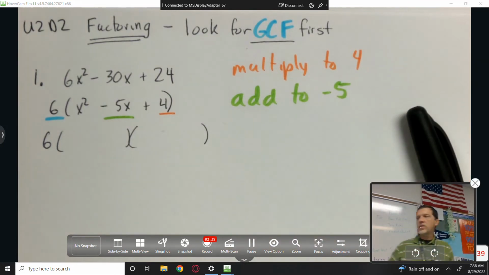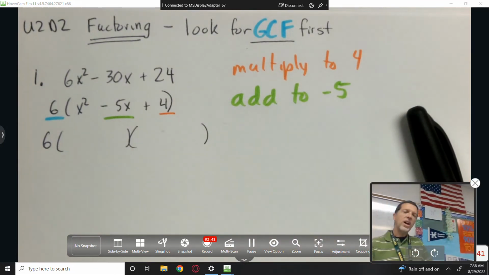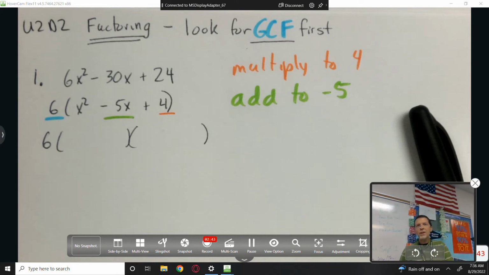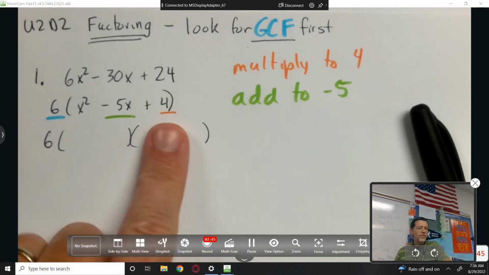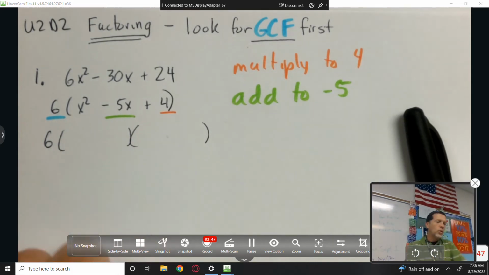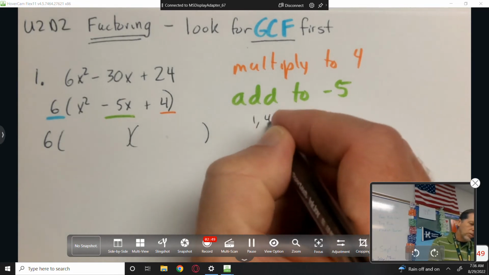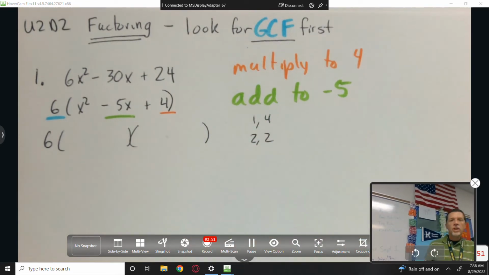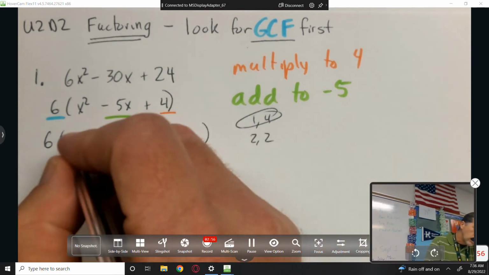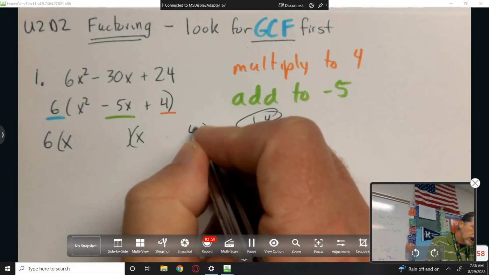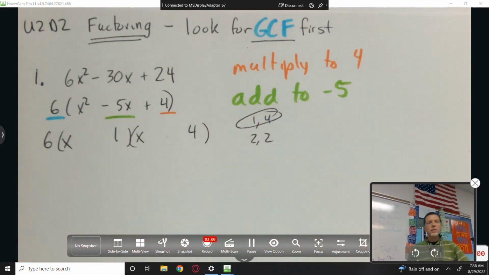So mostly it's just a game of guess and check, but it's not like random guessing. Like you know what multiplies to be 4. Your only options are 1 and 4 or 2 and 2. But to add to negative 5, the only way we're going to get there is the 1 and 4. And then we start thinking about signs.